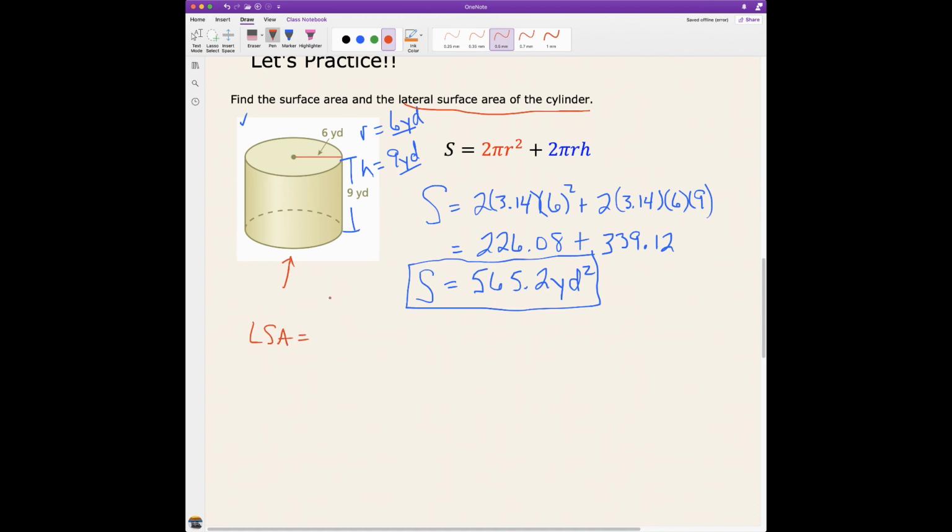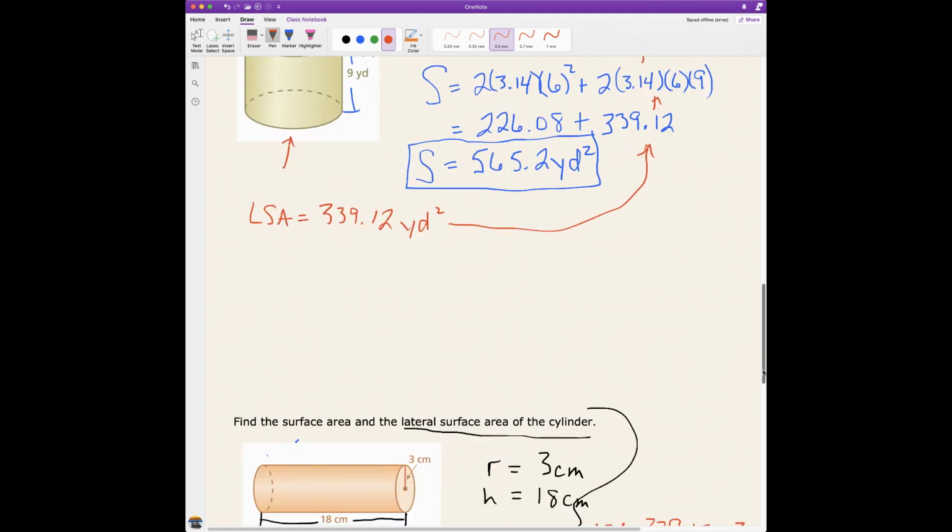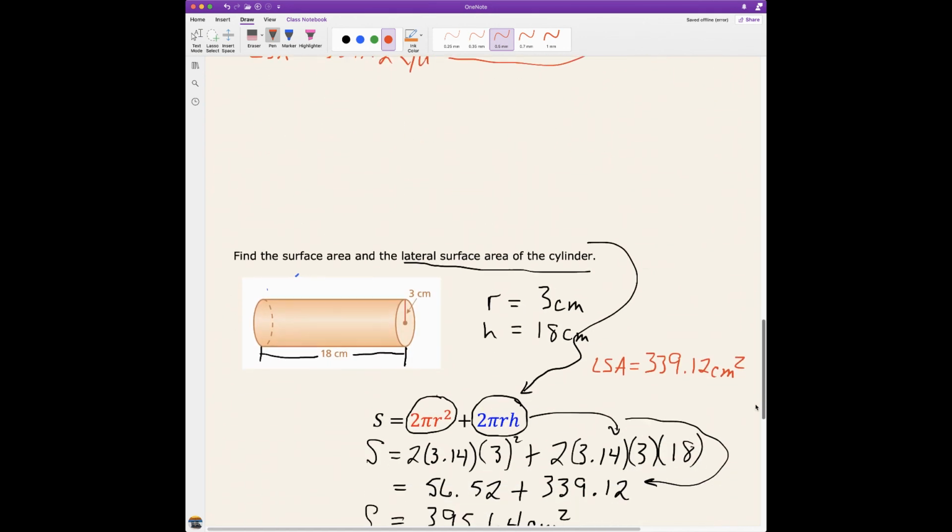All right, it is 339.12 yards squared. Remember, it comes from this part of the formula for the surface area of a cylinder. Okay, so lateral surface area.